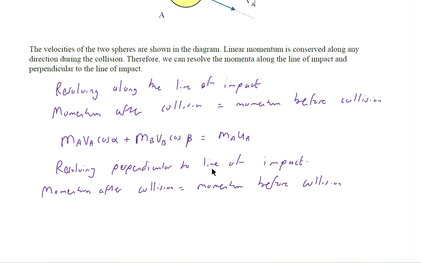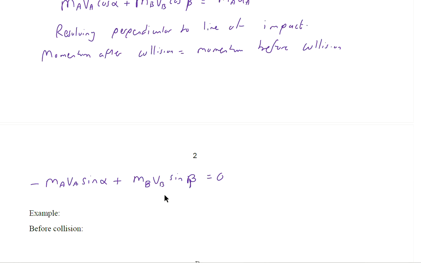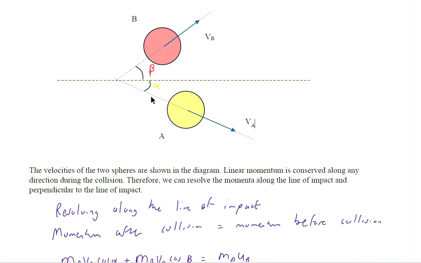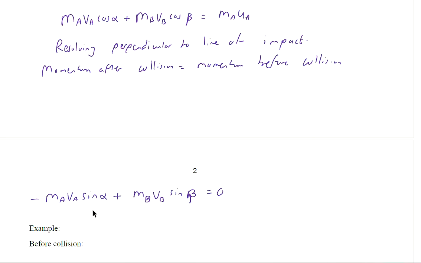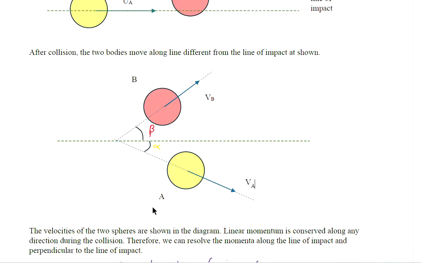Now, if we resolve perpendicular to the line of impact, we get something like this. Again, momentum is going to be conserved along any direction. So the linear momentum after collision is going to be equal to the momentum before collision. We're going to get this. Let me explain it. A is going to be moving downwards in the negative direction. Its momentum is going to be MAVA sine alpha, but with a minus sign, which you have here. For B, it's going to be MBVB sine beta.